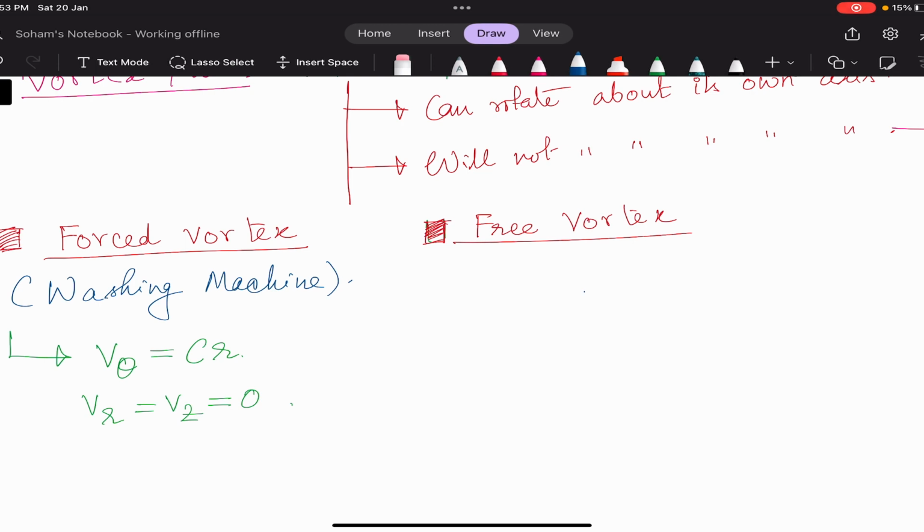If a basin has this kind of structure, then the water will follow this kind of path, right? So this is a free vortex, and the mathematical description is v theta is inversely proportional to the radius, and again v r and v z equal to 0.